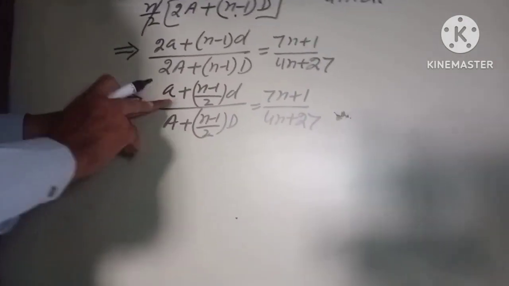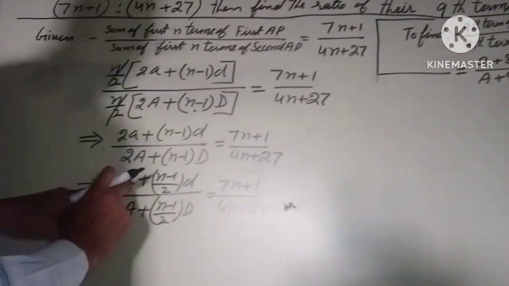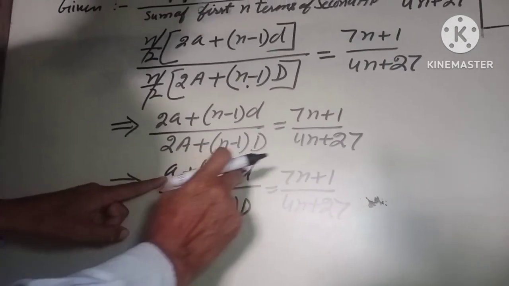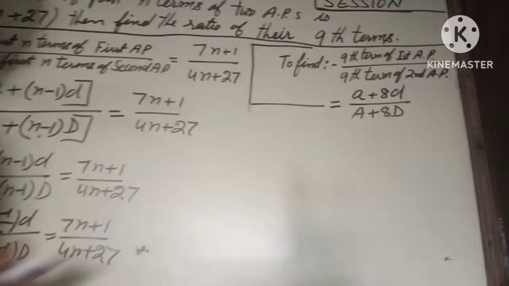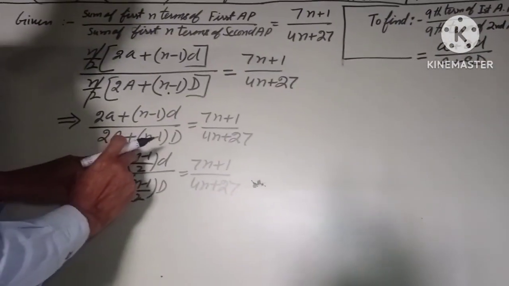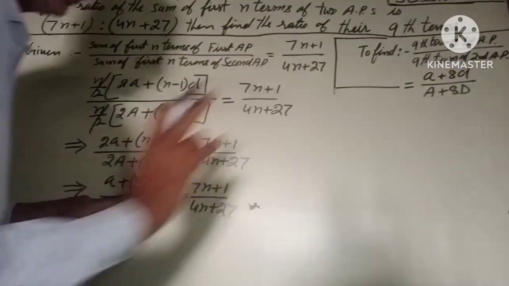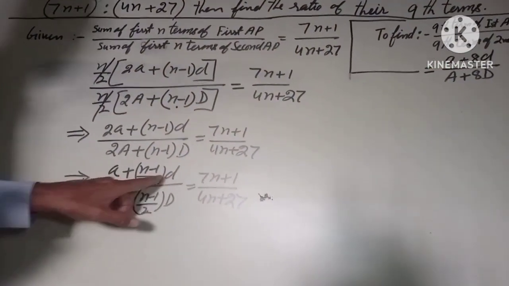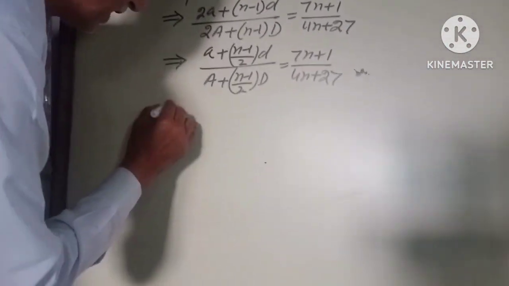Right? See, here we have a plus n minus 1 upon 2 d. Compare this with a plus 8d. This means when you compare a with a and n minus 1 upon 2 d with 8d, d cancels this d.